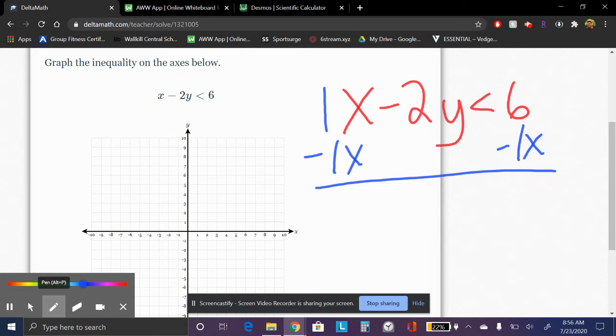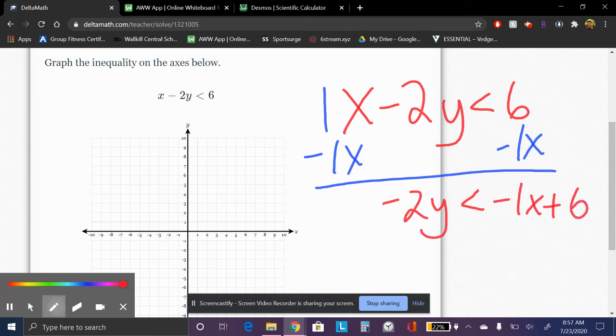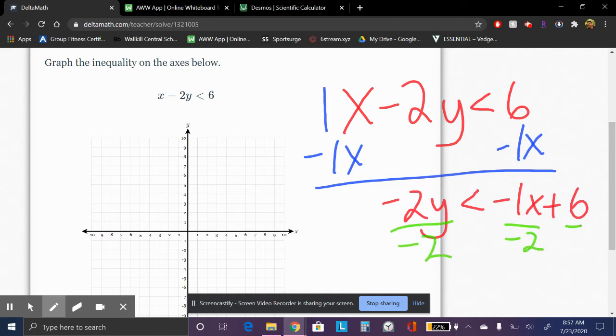I'm going to bring down the -2y, and that's going to be less than -1x plus 6. Then I'm going to divide both sides by -2. Everything by -2.